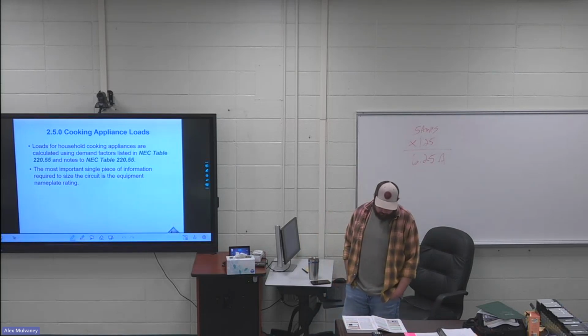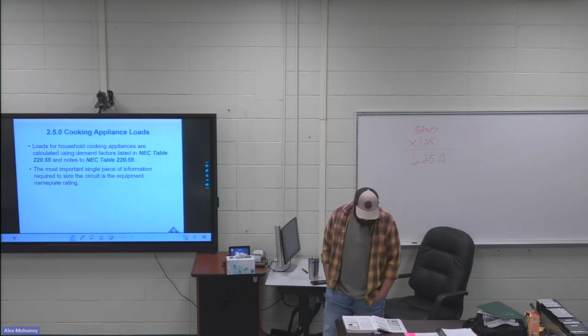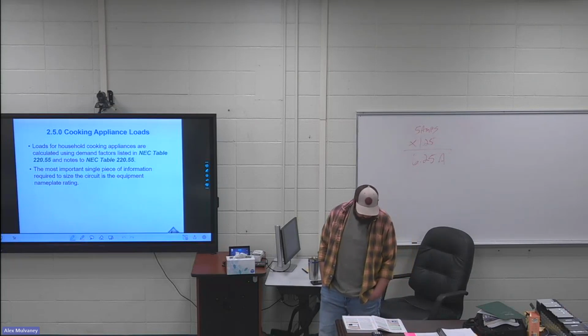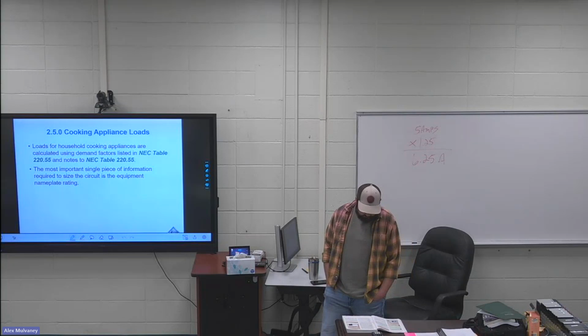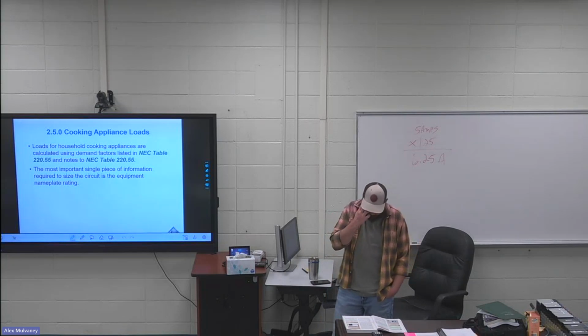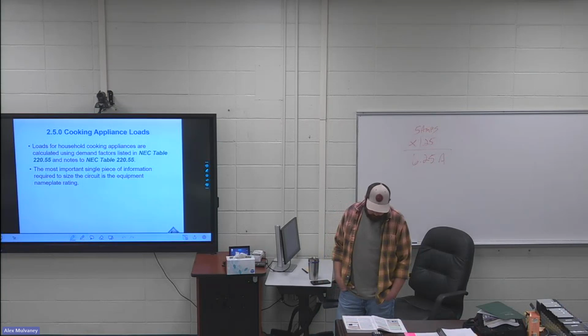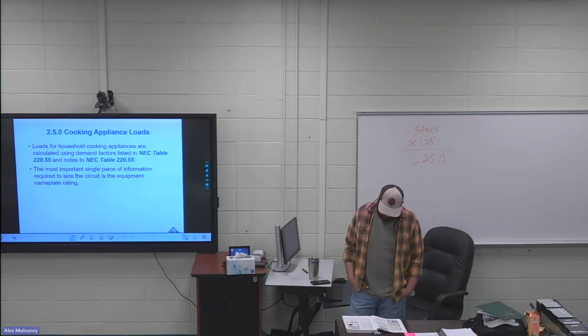The most important single piece of information required to size a circuit for residential cooking equipment is the nameplate rating of the equipment. Although 220.55 lists loads in kW, 220.55 states that kVA shall be considered equivalent to kW for loads calculated using Table 220.55.